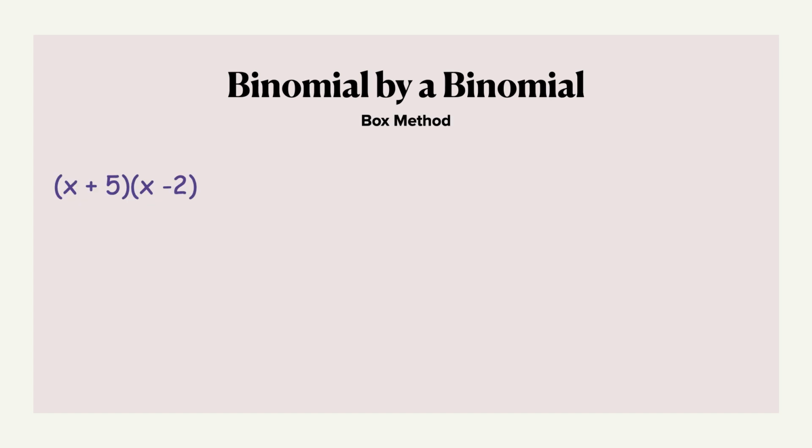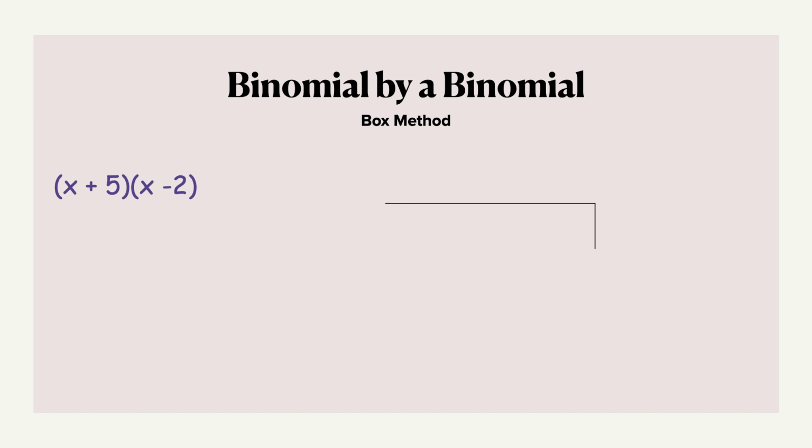All right, so now I'm going to do another binomial times a binomial. This is problem number 4, if you want to look at problem number 4. And I have here x plus 5 times x minus 2. And when you do a box, this is a binomial times a binomial, which means I have 4 different terms.